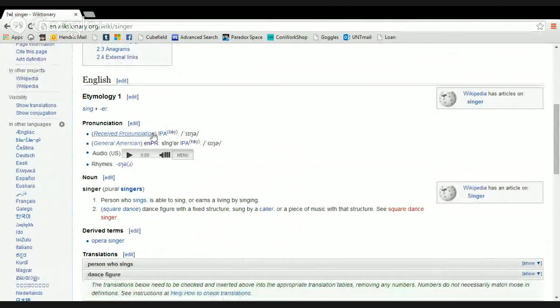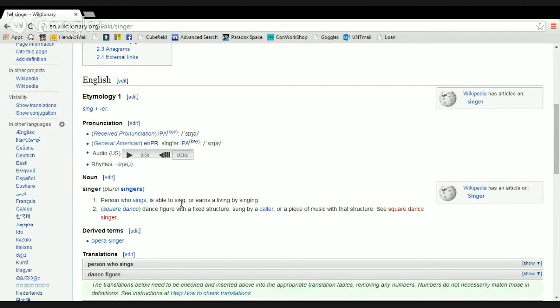Under the Wiktionary, they always have it in many different accents. So you'll see here's received pronunciation, which means British, and here's general American accent. And you'll see it written in two different styles. Here's the one we're talking about. This symbol is a little confusing. Sometimes you see it, sometimes you don't. It depends on who wrote the alphabet. But that's just a schwa and an R fused together.